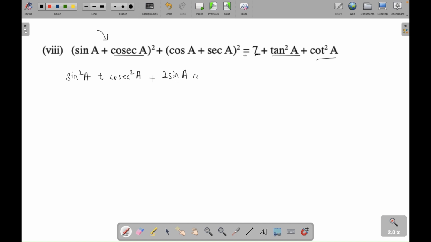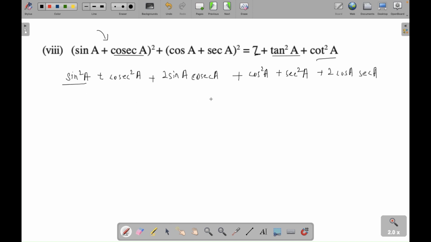So this is coming from there. So sin a times 1 upon sin a is equal to 1 itself, right? And then this gives you cos square a plus sec square a plus 2 cos a times sec a. So this is your left hand side.